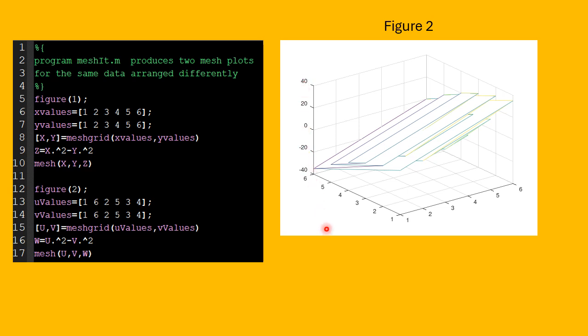So I guess the moral of the story here is that we should keep these in ascending or descending order so that the meshgrid and mesh functions produce data that can be used to make our smooth graph of U squared minus V squared.